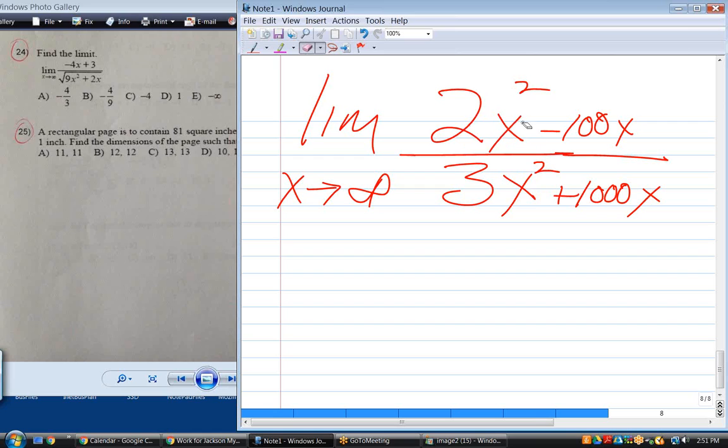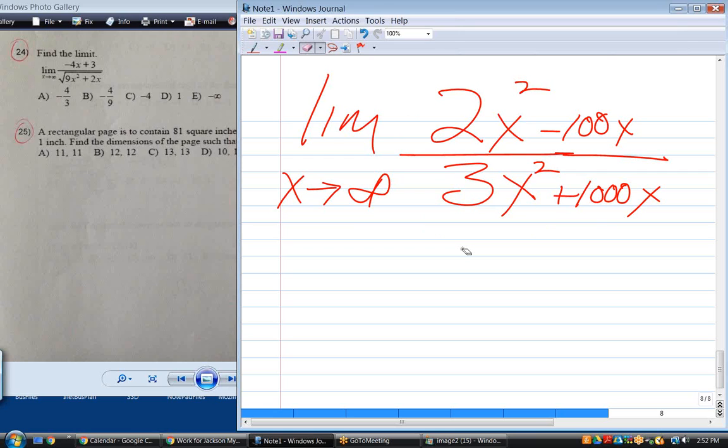If the degree is the same in the top and bottom, then the limit goes to the ratio of the coefficients, the same as the horizontal asymptote. Remember, if we were doing a horizontal asymptote there, it would be 2/3. Horizontal asymptote means what does the function do as x goes to infinity?